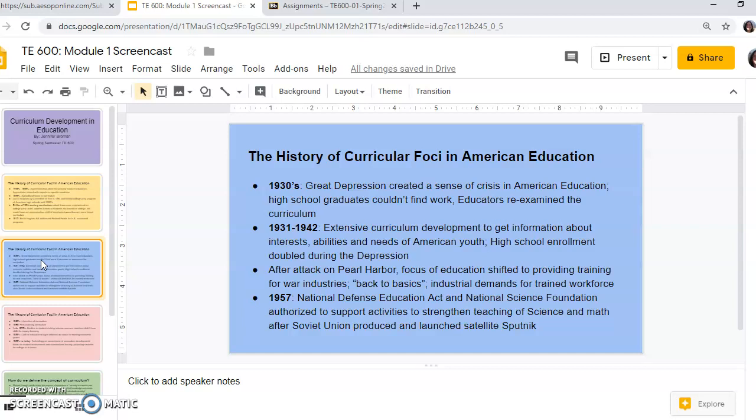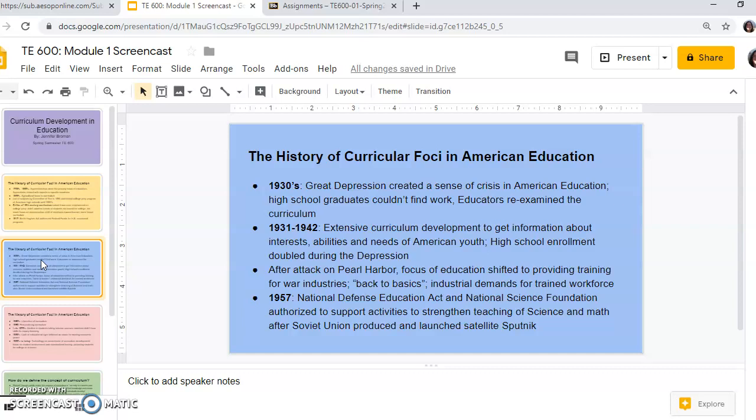After the attack on Pearl Harbor, there was a focus of education shifting to providing training for war industries. There was a back to basics focus on the curriculum, and the industrial demands for a trained workforce also. So there was more of a focus on learning the basics and teaching the basics.